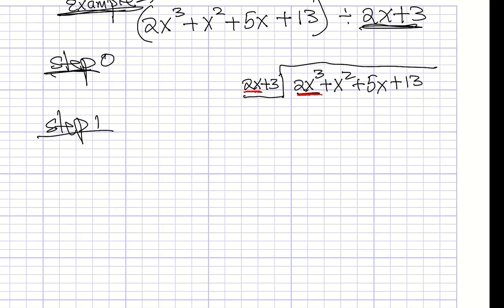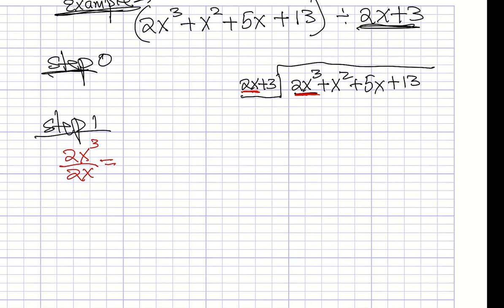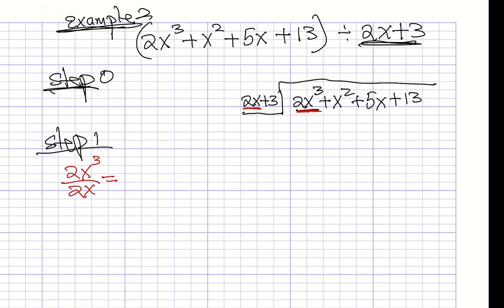We say 2x raised to power 3 divided by 2x. You see where I'm getting that from, right? That will give you x squared. That's what you get from that.